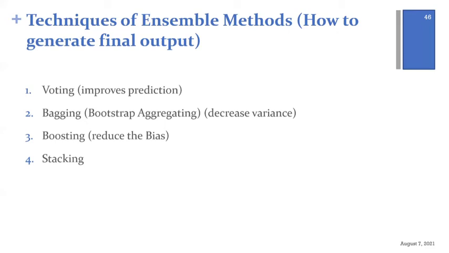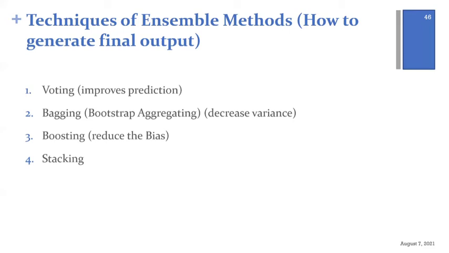So there are options. There's the simple voting method. Then we have the bagging, which depends mostly on bootstrap aggregation. It is generally believed that voting might improve prediction, but that depends on the kind of voting, as we are going to see.